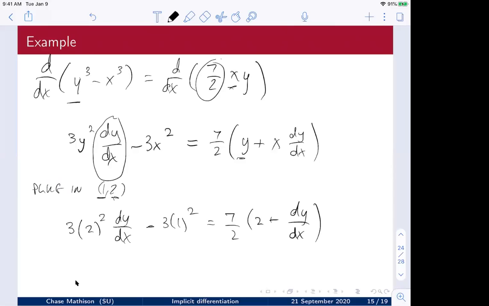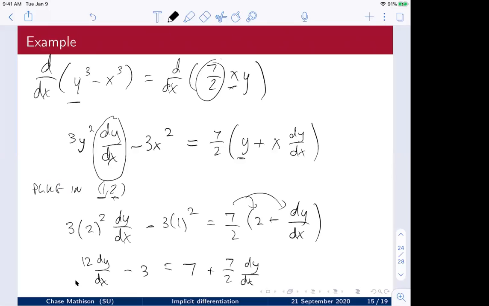So when you do that, you get 3 times 4, that's 12 dy dx, minus 3 is equal to, and I'm going to distribute here, 7 plus 7 over 2 dy dx.